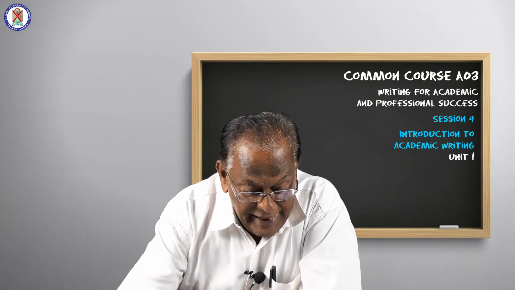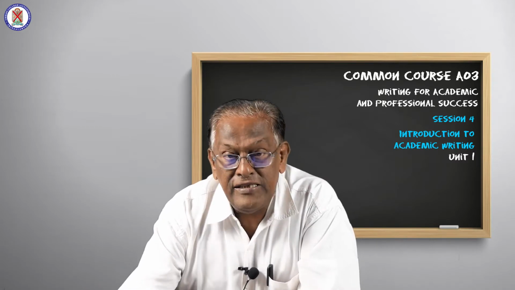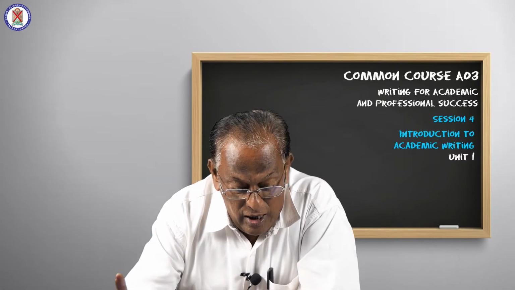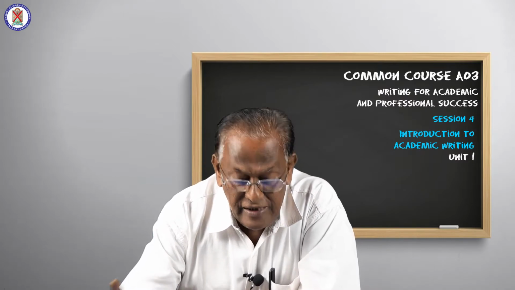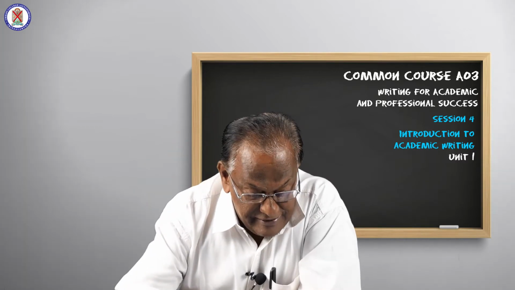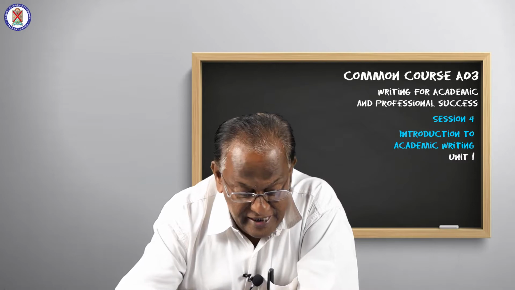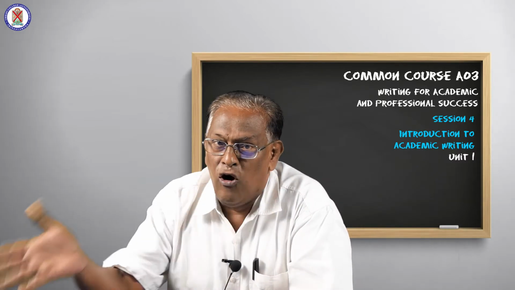Now, academic style involves formal writing. Writing tasks assigned to the students at the college and university is generally referred to as academic writing. Works published in magazines, newspapers, websites, etc., are non-academic writing.